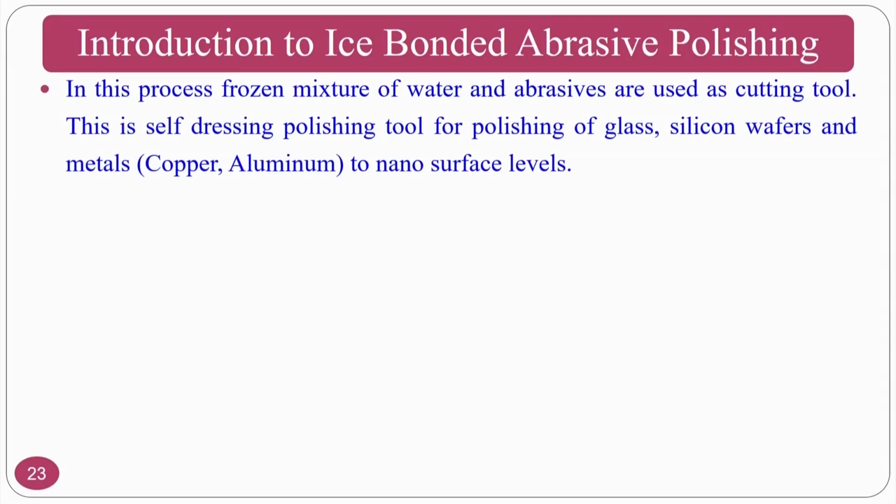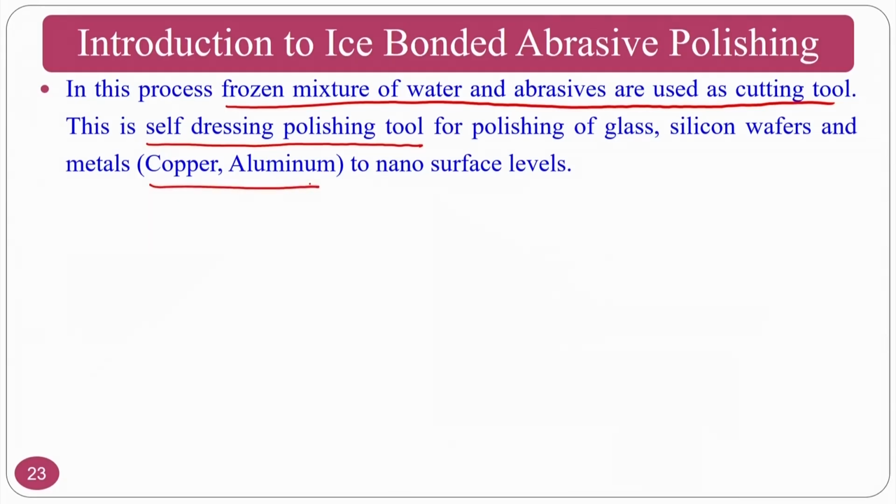Okay. In this process, a frozen mixture of water and abrasives is used as a cutting tool, as you have seen in the previous slides, and it is a self-dressing polishing tool for polishing of glasses, silicon wafers and other metals like copper and aluminum. You can also use it for mild steel and other things, but there may be a chance of rusting after some time, because whenever water reacts with Fe based workpieces, there may be chances of rusting.